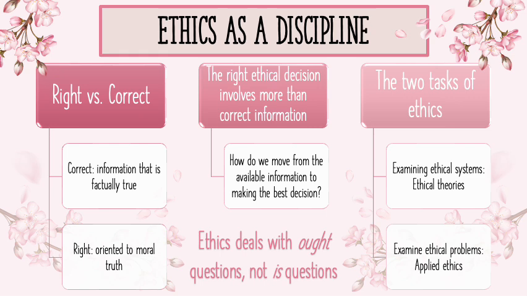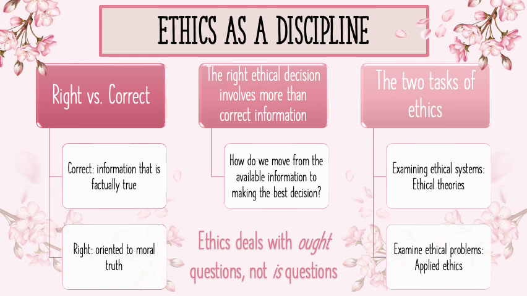When something is correct, it is factually true. It is something that is able to be supported beyond a reasonable doubt, something that is confirmed. For example, if we are working in a base 10 system, then 2 plus 2 equals 4. That is correct.